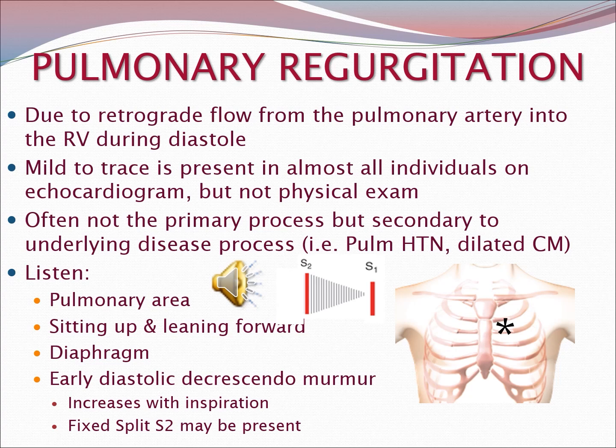You want to listen in the pulmonary area, second intercostal space to the left of the sternal border. Have the patient sitting up and leaning forward. Use the diaphragm of the stethoscope. An early diastolic decrescendo murmur that increases with inspiration and a fixed split S2 may be present.